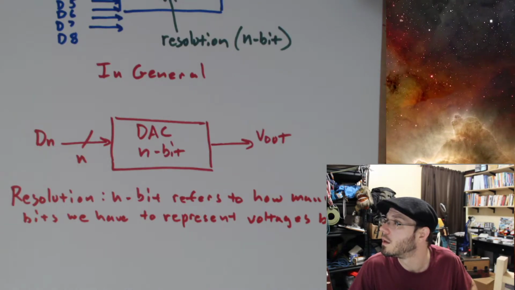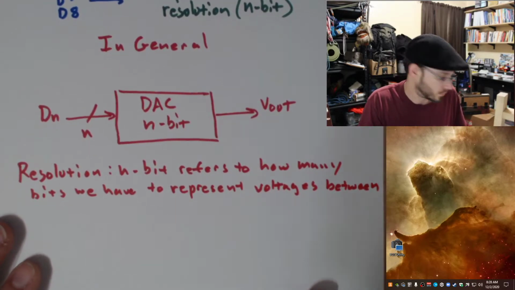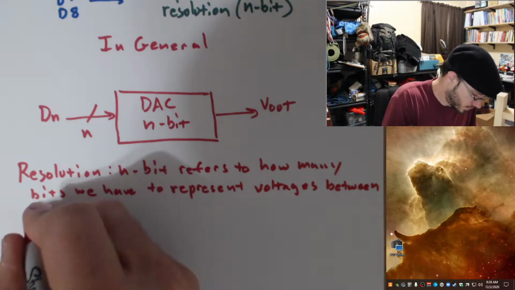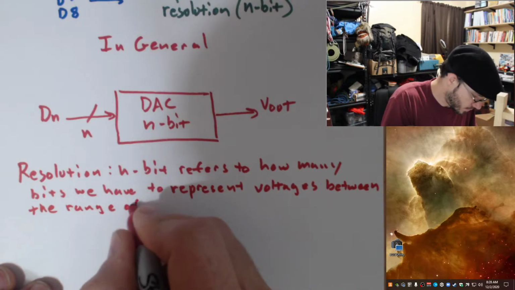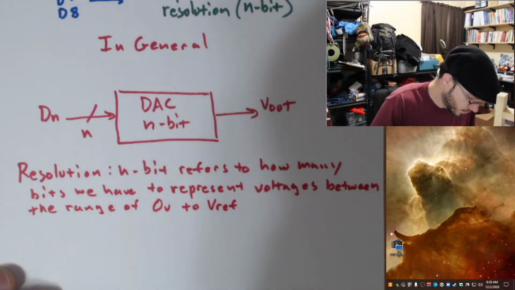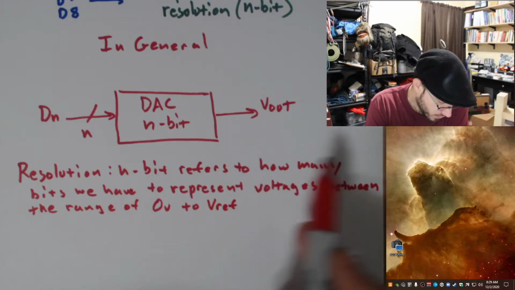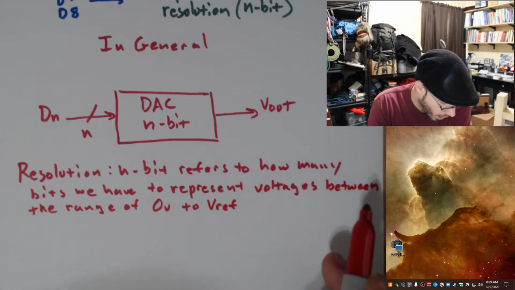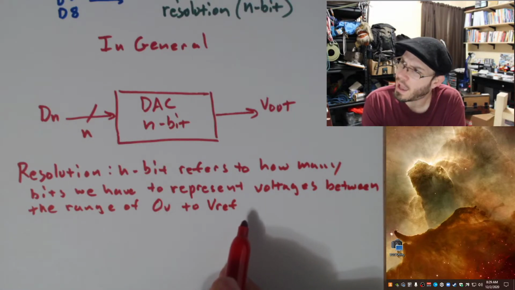So resolution, how many bits do we have in order to represent the voltages on or between the range of 0 volts to Vref?